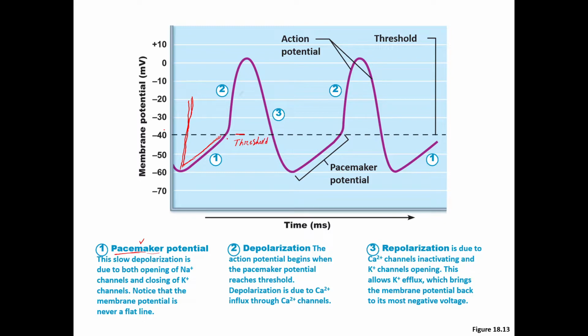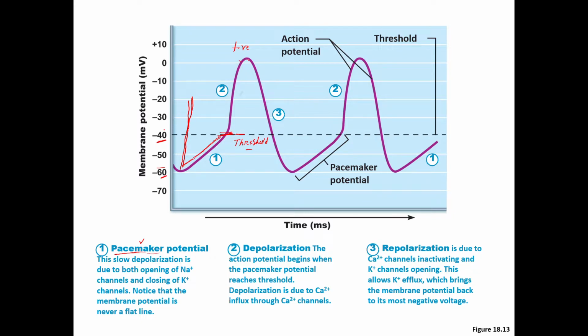So when the depolarization arrives at threshold, which is about minus 40 millivolts, in resting condition in the pacemaker it is not minus 90, it is around minus 60, and when it moves towards positive, sodium is getting in. When it reaches threshold, more channels open suddenly, and the rest of depolarization is completed.